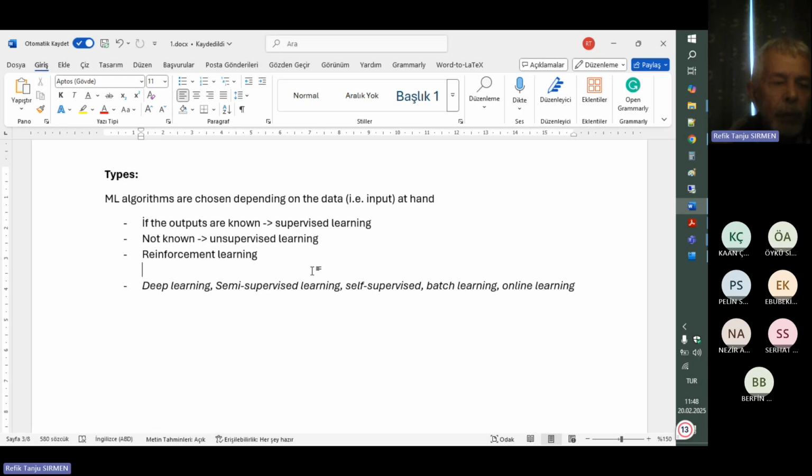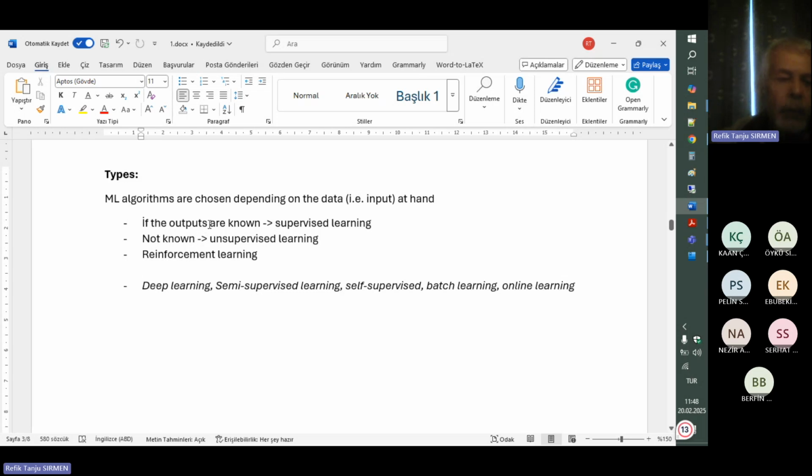Some new methods, some new techniques appear. So then I and everybody actually choose the most important, the principal categories of machine learning, supervised and unsupervised, and also we may talk a bit about reinforcement learning. Okay, so these are the types.